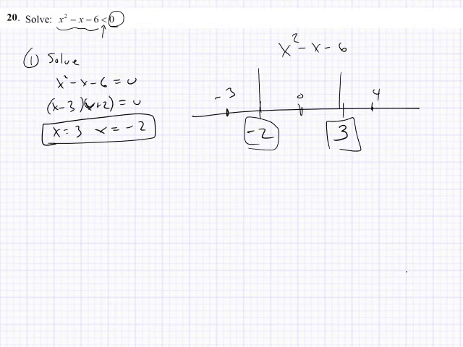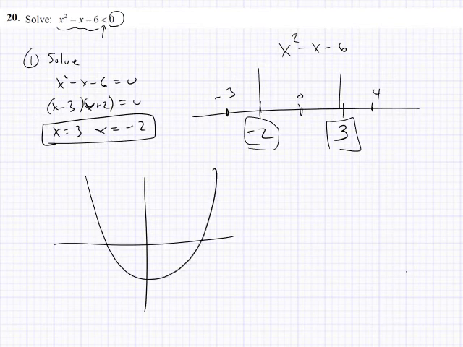You also know that this is a parabola, a positive parabola, because of the positive x squared. So it's going to look like this, in which case where it's equal to 0 are the x-intercepts, so the zeros, negative 2 and 3. Based off of this picture, it's a positive parabola, so it's negative, or below the x-axis, here, and positive, or above the x-axis, here and here.